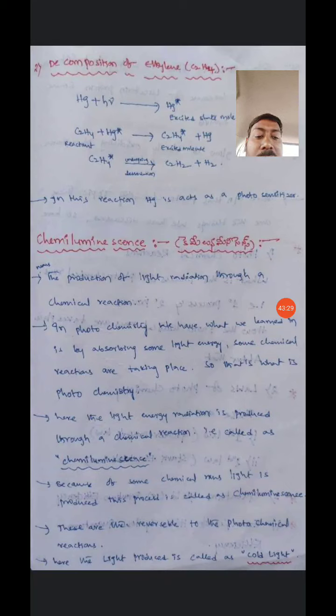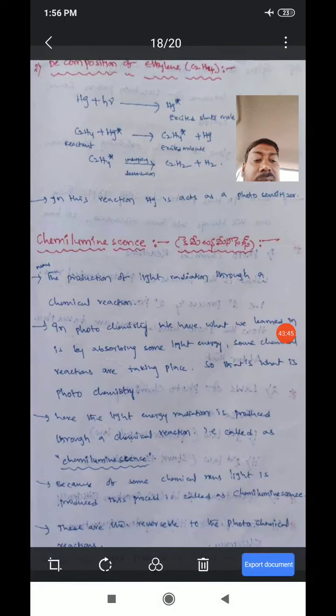In photochemistry, we have learned that by absorbing some light energy, some chemical reactions take place. So that is photochemistry.